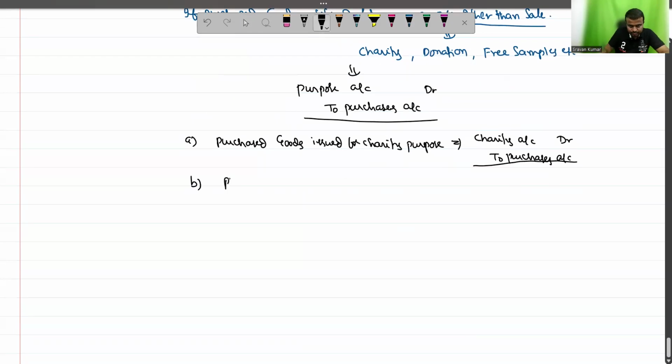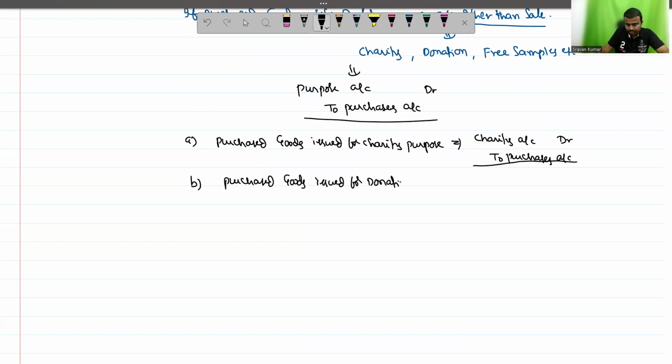And next, if the purchased goods are issued for donation, issued as a donation, then we write the entry donations account debited to purchases. Here, goods go out of the business when you are utilizing it.